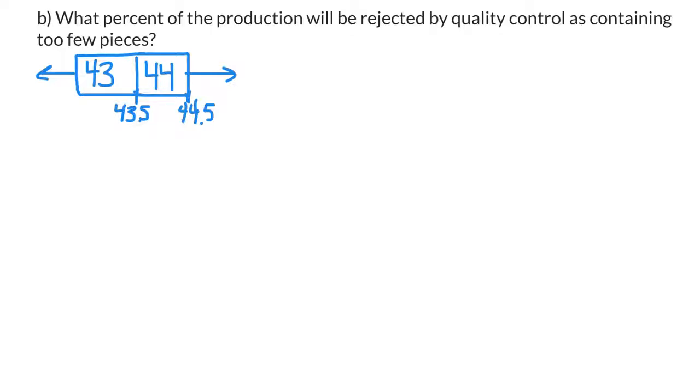So when we want to know what's the probability that we're going to have less than 44 chocolates, we're really looking for less than 43.5 in our normal distribution model. So that's what I'm going to find: the probability that x is less than 43.5.